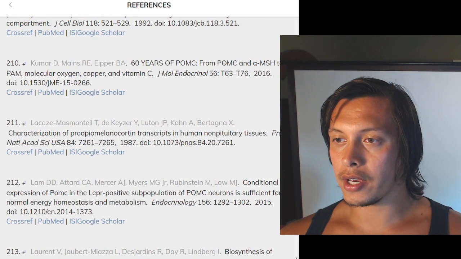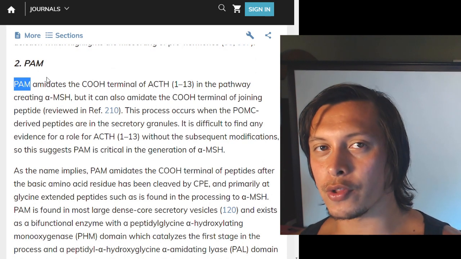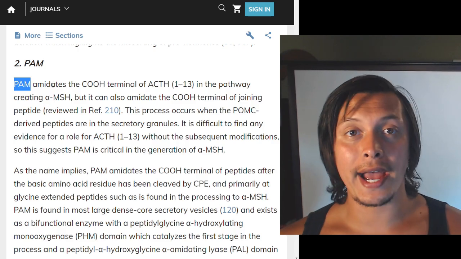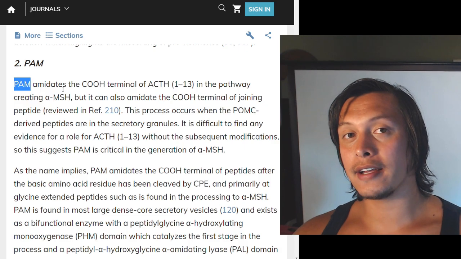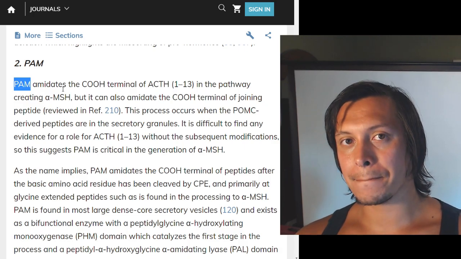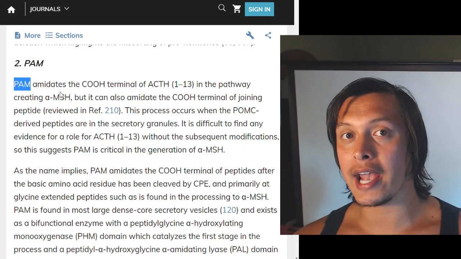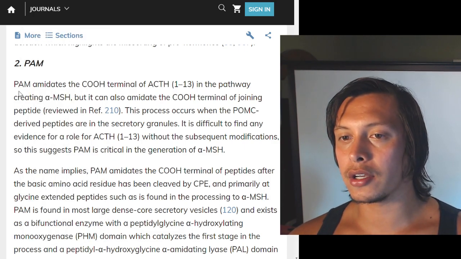Just know that this is a type of enzyme that is able to add an ammonium to an acidic residue to turn it into an amide.